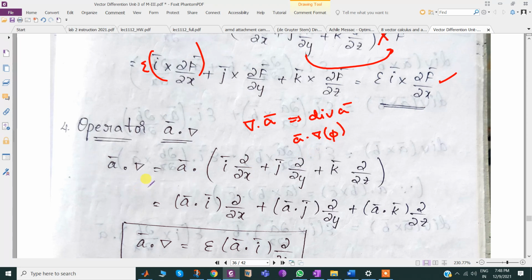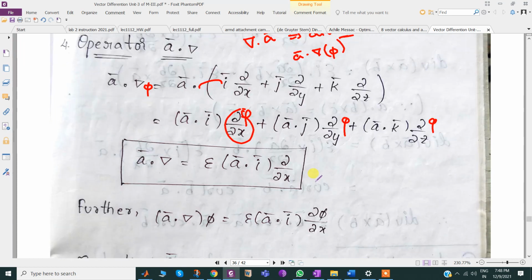Meaning is this, a bar dot del equal to a bar dot i bar dou by dou x plus j bar dou by dou y plus k bar dou by dou z. So I can rewrite this one as a bar dot i into dou by dou x of something. The something I am supposed to fill as per my requirement. Or simply if I write phi will be dou phi by dou x, dou phi by dou y, dou phi by dou z.